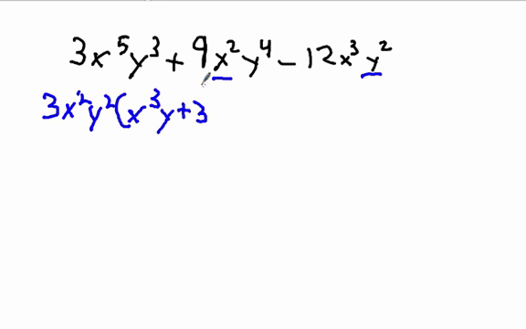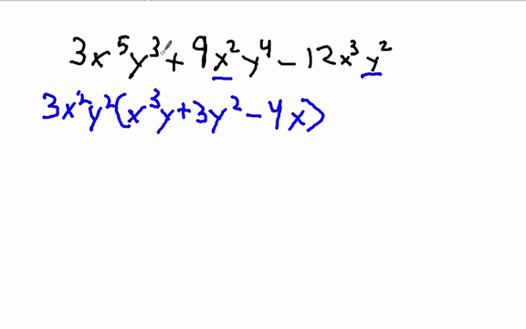Y to the fourth divided by y squared is y squared. Minus, let's see, 12 divided by 3 is 4. X cubed divided by x squared is x. Y squared divided by y squared is simply 1, so they cancel out. And we are left with this as our simplified answer.